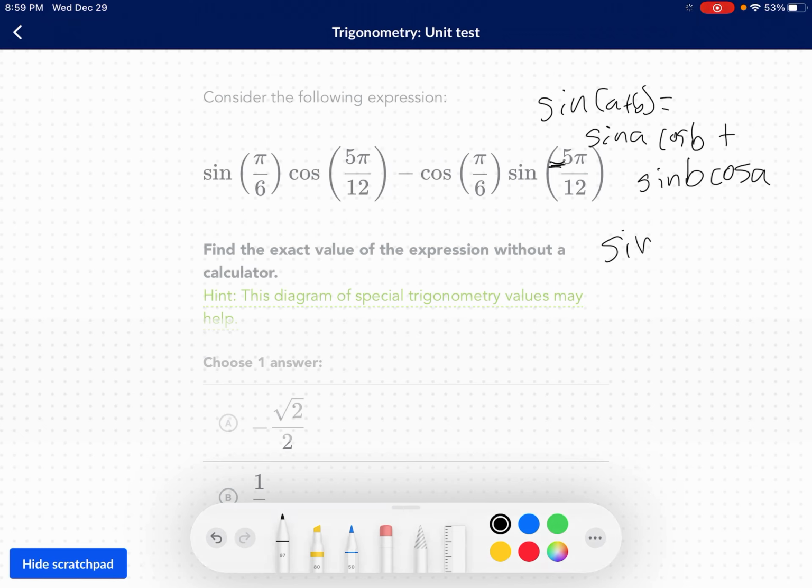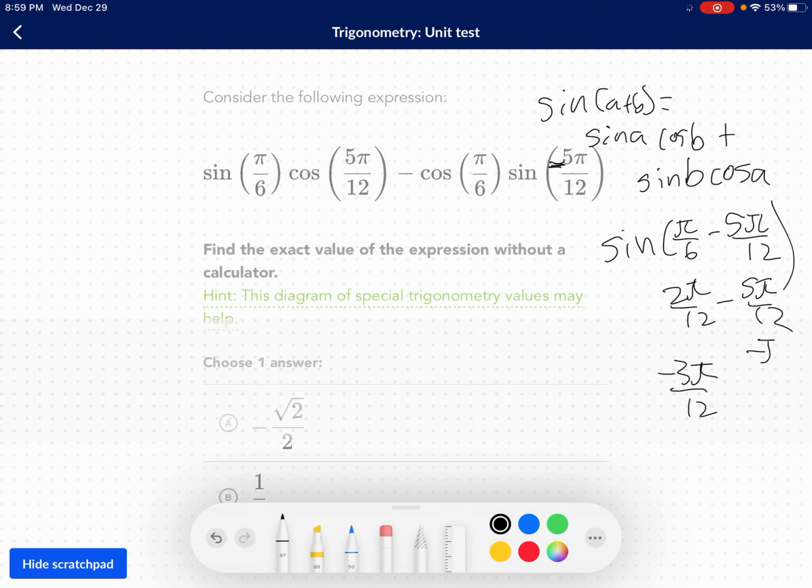It's supposed to be positive. So it's sine of pi over 6 minus 5 pi over 12. Pi over 6 is 2 pi over 12, minus 5 pi over 12. That's negative 3 pi over 12, that's negative pi over 4.